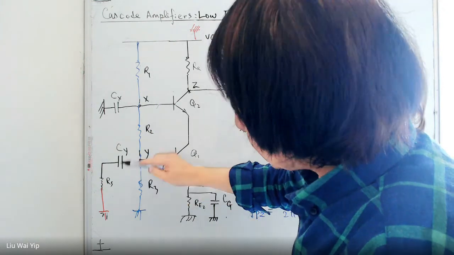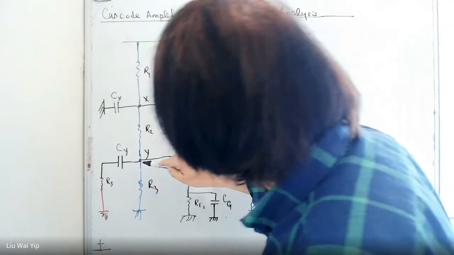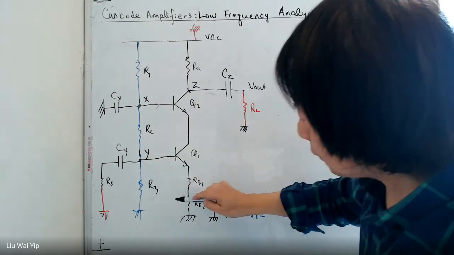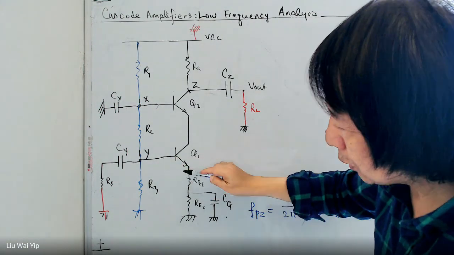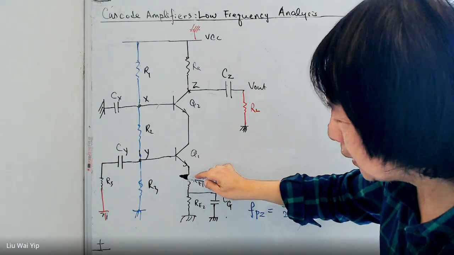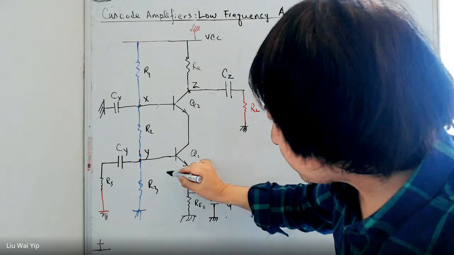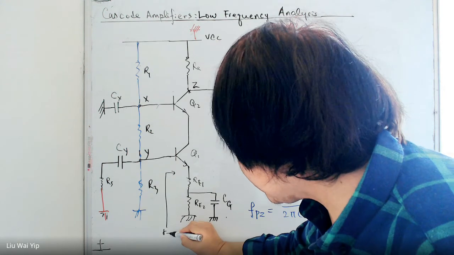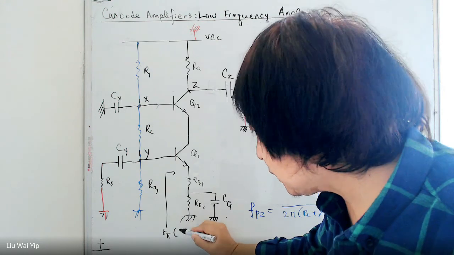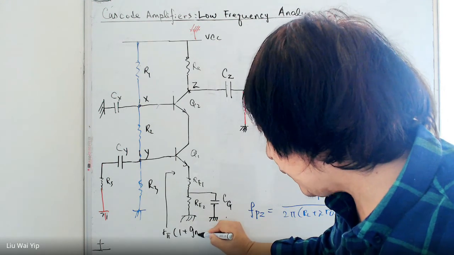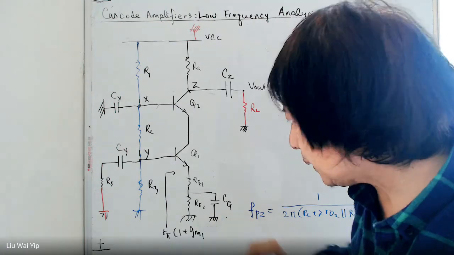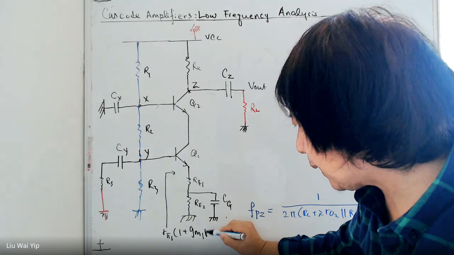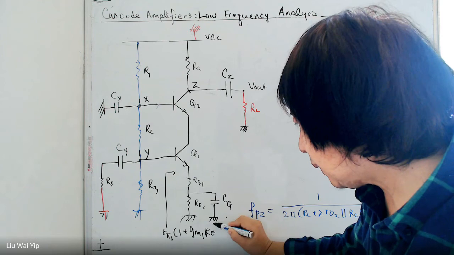We have RS, and then we have a bunch of resistances here. We know the input resistance here is R pi 1 times 1 plus gm1, and then RE. We know this already.